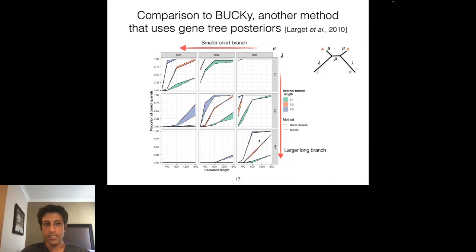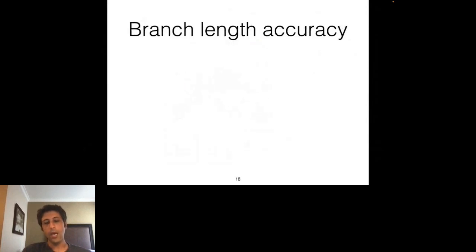In fact, there are a couple of cases where QuCo is less accurate. So, for example, here Bucky is more accurate than QuCo. So the improvements compared to this similar method that takes into account gene tree uncertainty are less, but overall there is still improvement.